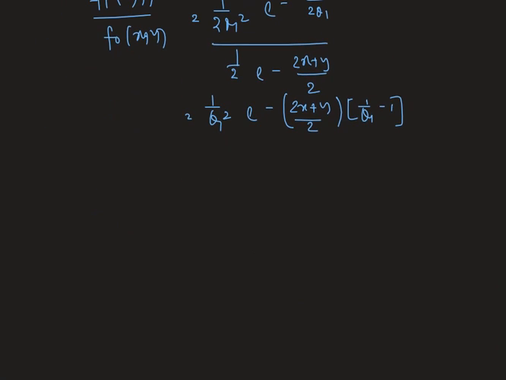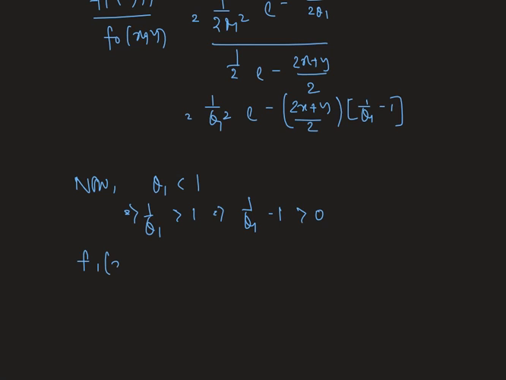Okay. Now, as we already know that theta 1 is less than 1, hence we can write 1 by theta 1 is greater than 1. So 1 by theta 1 minus 1 is greater than 0.